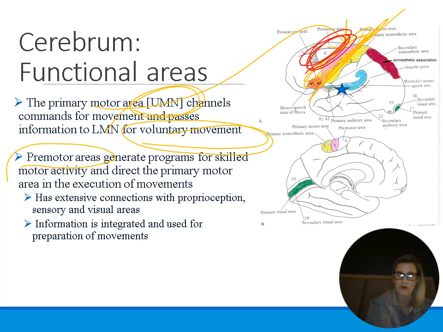For example, the premotor area has connections with proprioception, as well as with the visual areas and balance, because it needs to know exactly where your body is in order to know what contractions need to occur. Also, a little bit later, when we look at the cerebellum, we'll see that the cerebellum is involved in this as well.